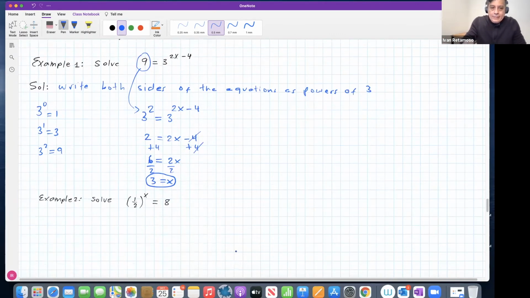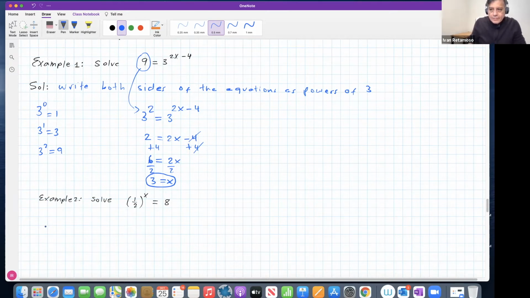All right. Another example here. Let's say they ask you to solve this 1/2 raised to x equal to 8. The hint kind of is look at the smaller number, 2 and 8. The smaller number is 2, right?